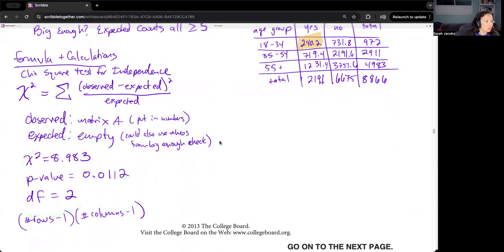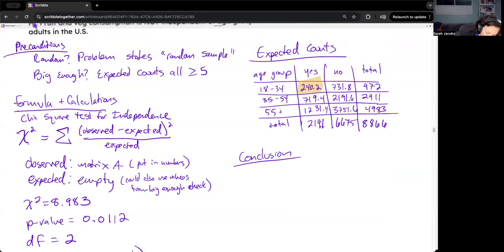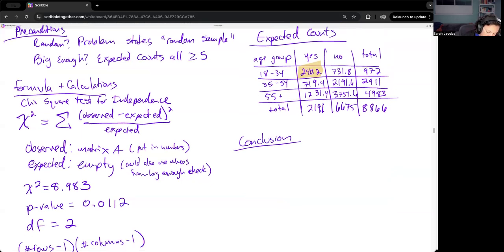Now we write our conclusion. So it's always because of the p-value. And we were given a significance level, weren't we? Oh, we were not. So 0.01 is pretty small.